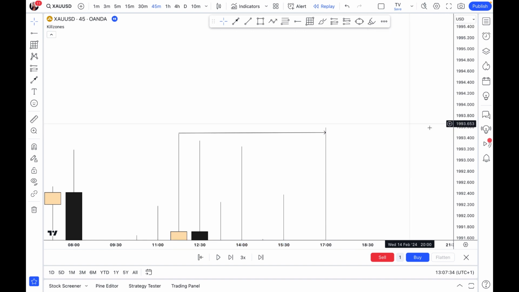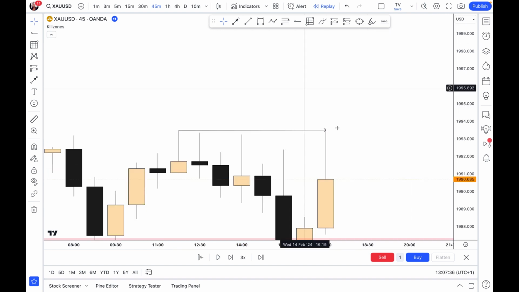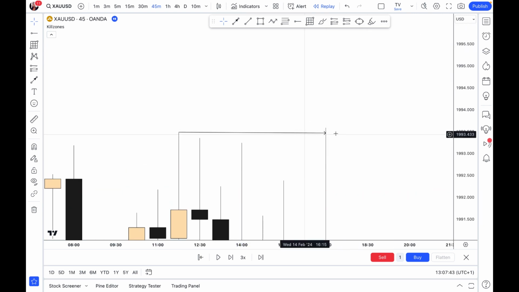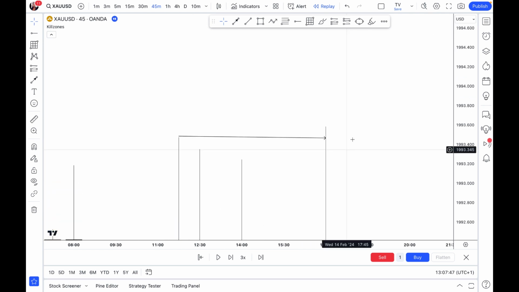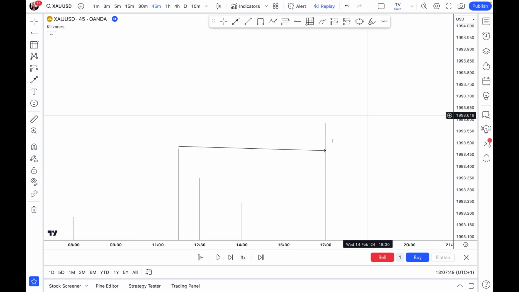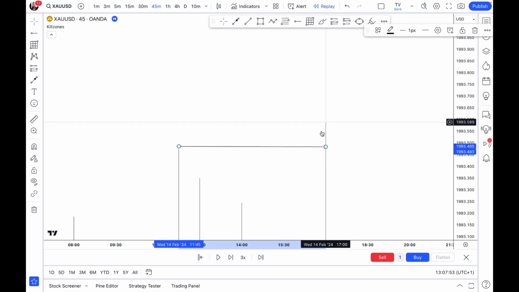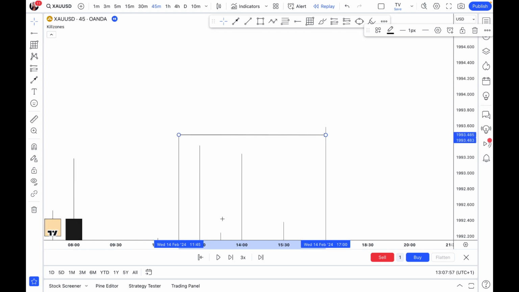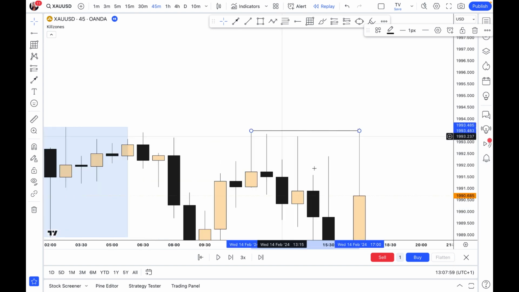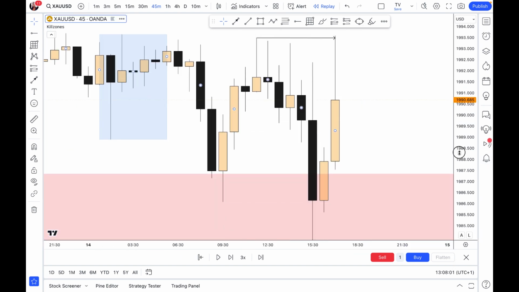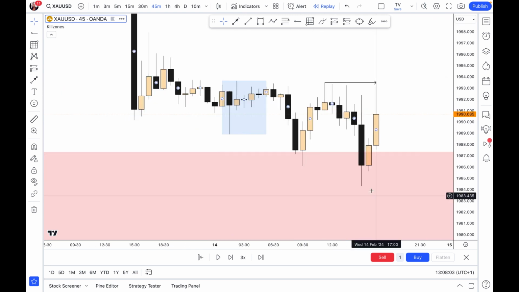Sometimes some people will ask, but the body of this candle did not close above this high. Can we say that is a break of structure? It doesn't have to be a body. It might just be a wick, as you can see right here, that this is a break of structure. This took out all of this lower high that pushed price down into this level of demand.